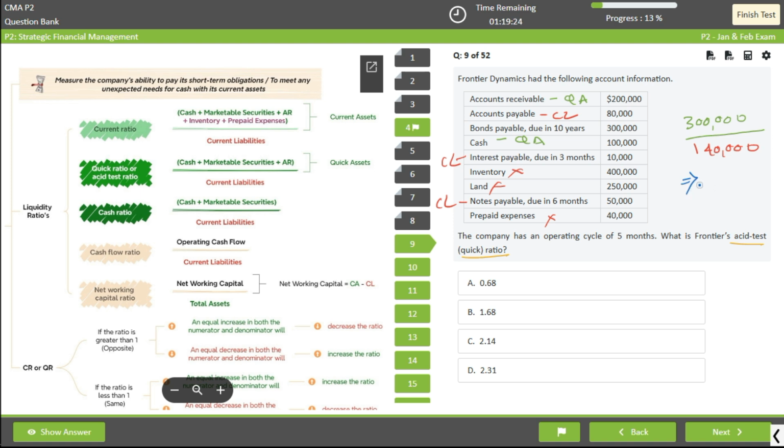So 300,000 by 140,000 is 2.14, which is option C.